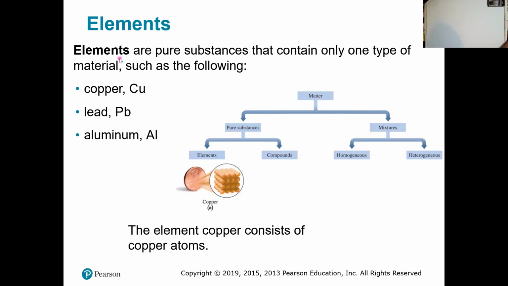So when you have elements, these are going to be pure substances that contain only one type of material, right? So you start out with matter, everything is matter. And then when you decide something is a pure substance, meaning its composition never changes from sample to sample, then you can decide whether you're looking at an element or a compound. And if it's an element, that means there's only one type of atom. So these are examples of elements. If you have more than one type of element, then you're going to have a compound.